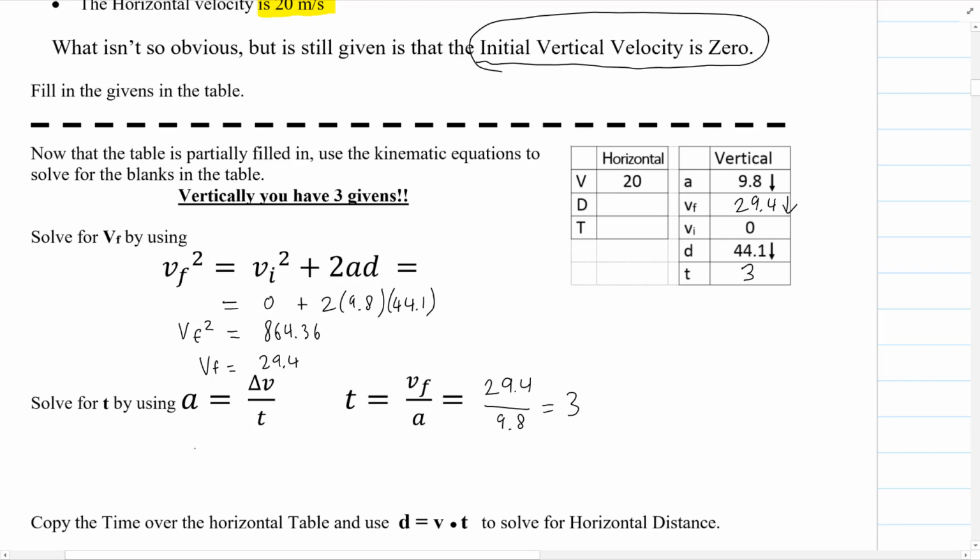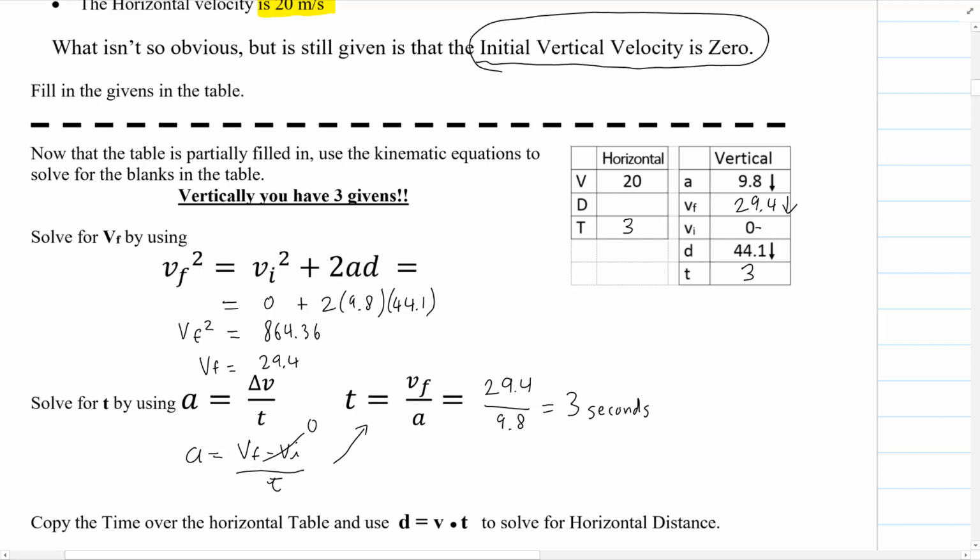Okay, if you didn't follow the formula there, let's just do that. VF minus VI all over T, but this is 0 because the initial velocity is 0 there vertically. And then rearranging it, we just crisscross it and we get that one. So this answer is 3 seconds.